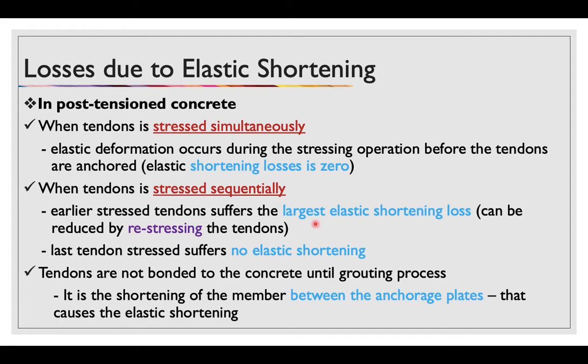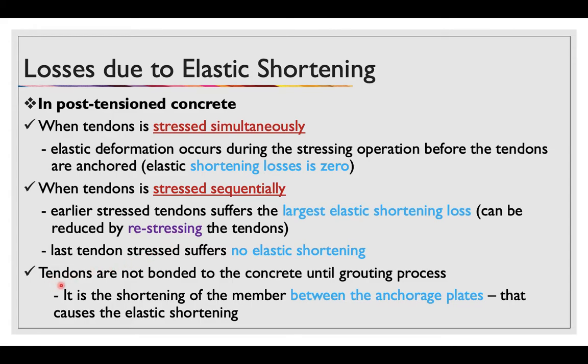If we have tendons that are stressed in sequence, what we can do to reduce the losses is restress the tendons. Restressing is usually done before all the tendons are anchored to the sides of our structure.